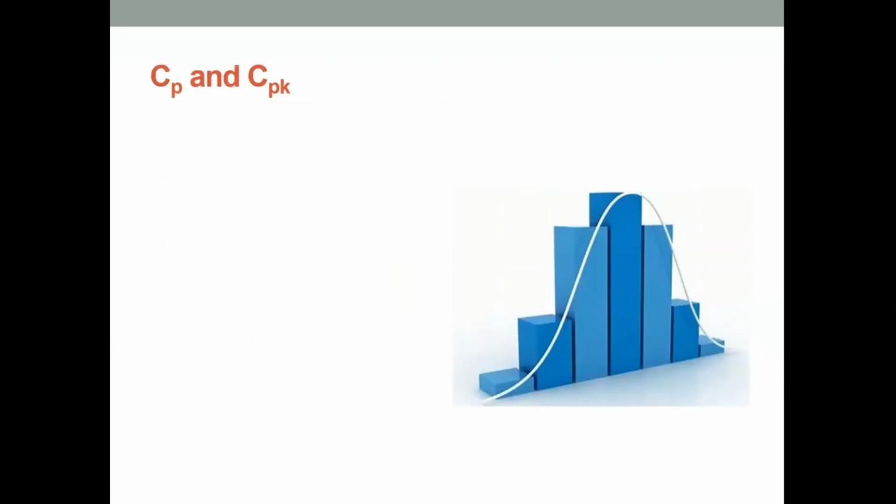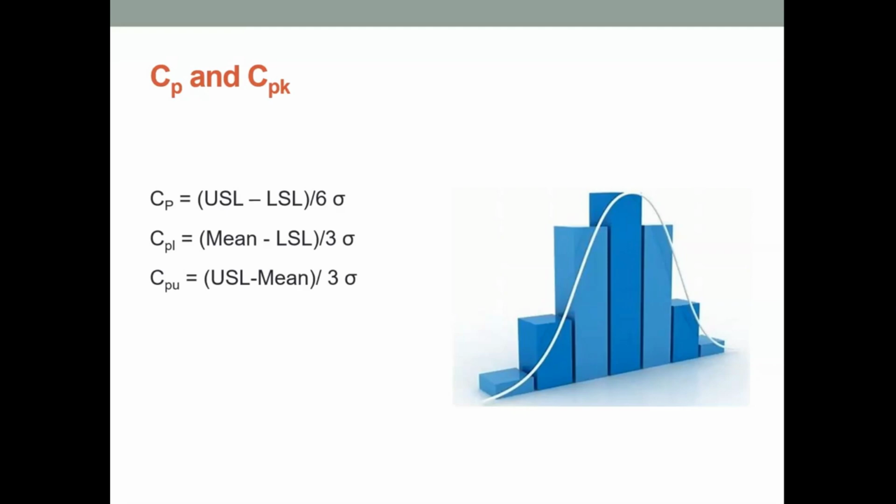So CP and CPK. CP is equal to your upper specification limit minus your lower specification limit divided by 6 times your standard deviation. CPL is equal to your mean, which you've calculated from your data, minus your lower specification limit divided by 3 times your standard deviation.